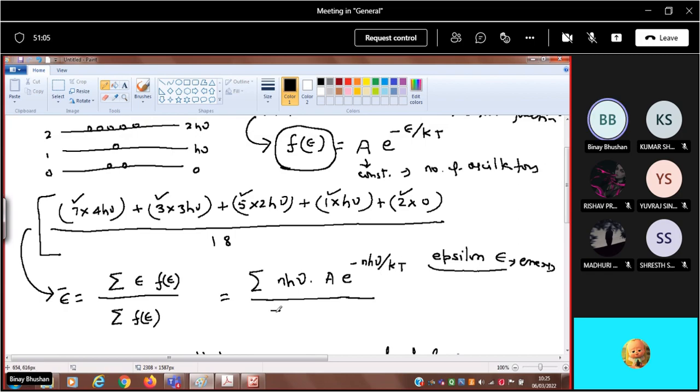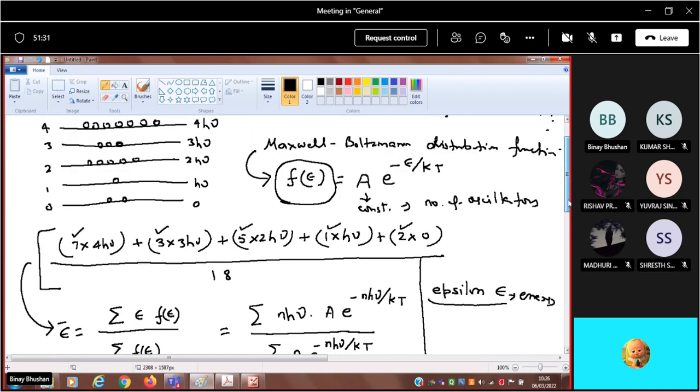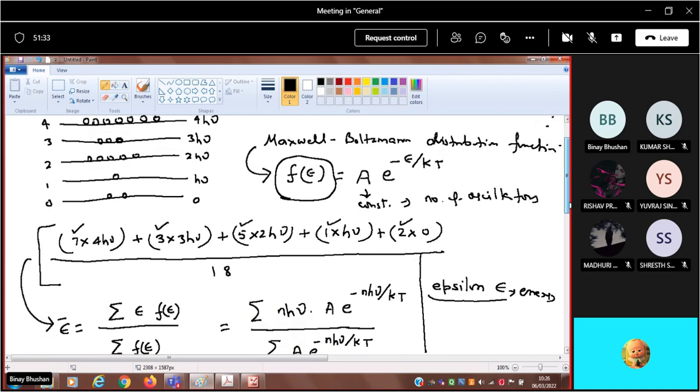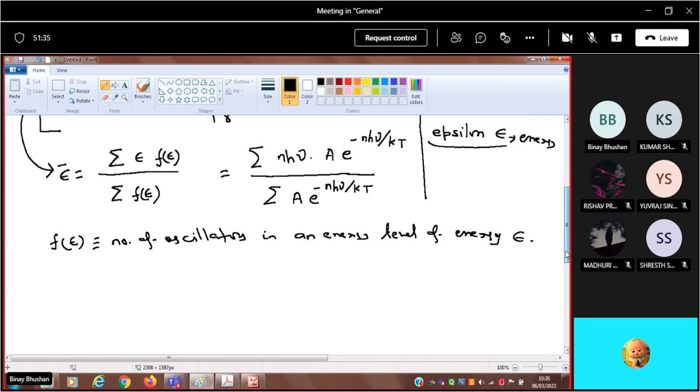So this is the numerator, and the denominator is f(ε), and f(ε) is A e to the power minus epsilon, and epsilon is nhν, and by kT. ये clear है? Yes, sir. Clear.